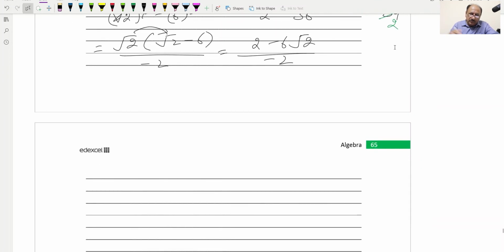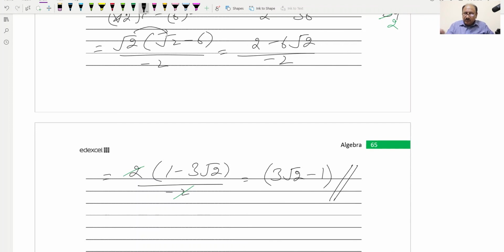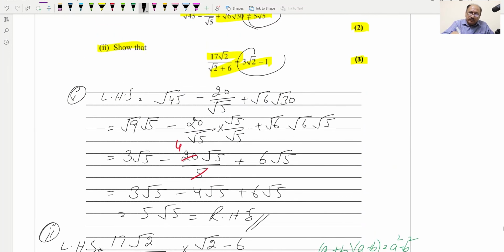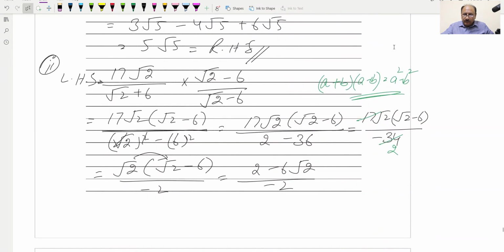On the next page we can write 2 common, and inside will be 1 minus 3 under root 2 and divided by minus 2, and this 2 will be cancelled with 2, and we can accommodate minus, so we can write this one first, and this minus in the numerator will be accommodated, and this is basically what we have to prove, 3 under root 2 minus 1, which we are done with.